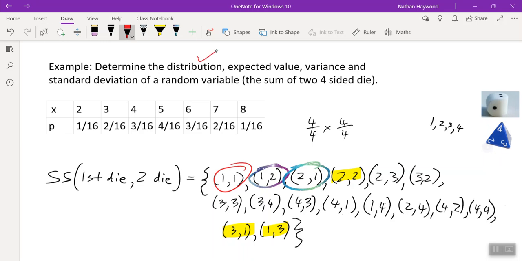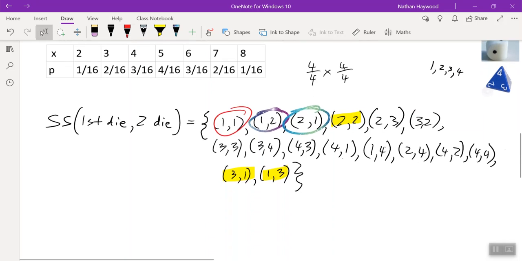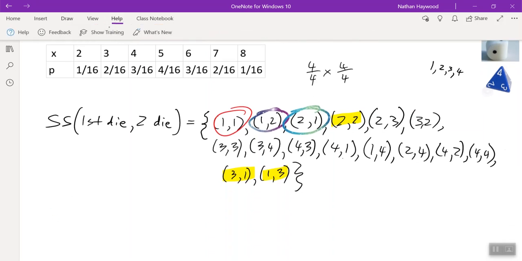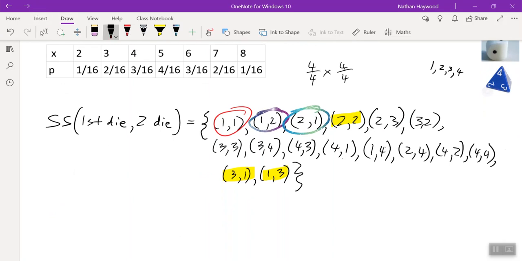The expected value. I'm just going to refresh your memory on the expected value formula, but I'm also going to show you how to do it on your TI Inspire calculator. So if you have that, power it up now and go to lists. While I'm waiting for your calculator to power up, what's the expected value formula?